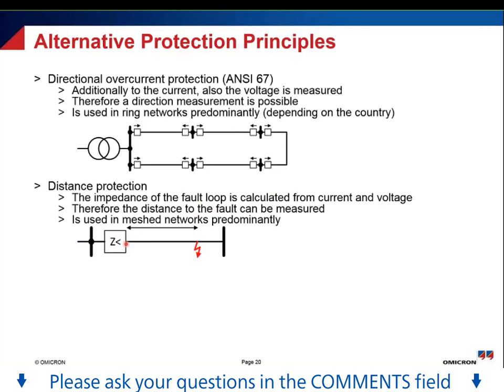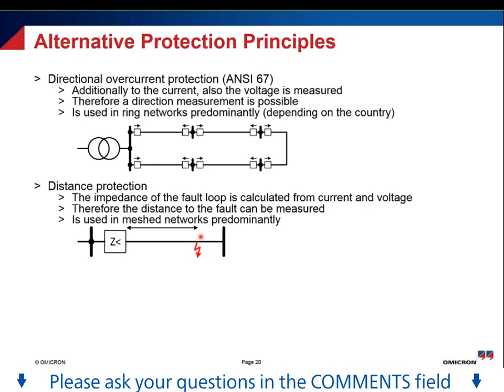I can compare it with the typical line impedance, and then I know how far this fault is away from my protection device. Therefore I can measure the distance between my protection device and the fault. That's why it's called distance protection.